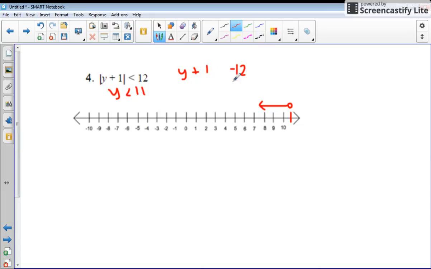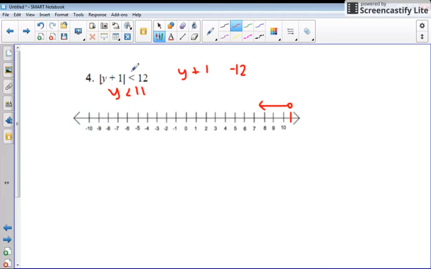And when we do this, it's not going to quite work out the way we want, because we're not going to, again, be pointed in the same direction. We need to flip our sign, because if you think about this, if you plug in a really big negative number here, say negative 100, the absolute value of negative 100 is not going to be less than 12. You're going to get 100 is less than 12. That's not true. So we're actually going to, again, flip our sign.